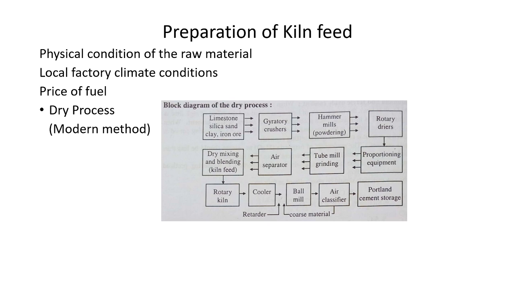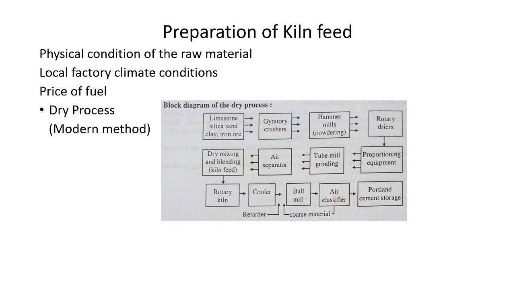And if it is a wet process, then surely the length will be more, because it takes time to dry. So the wet process requires a long tunnel as well as more thermal energy. The dry process is used where hard crystalline limestone, slates, and natural rock cement are found in plenty.